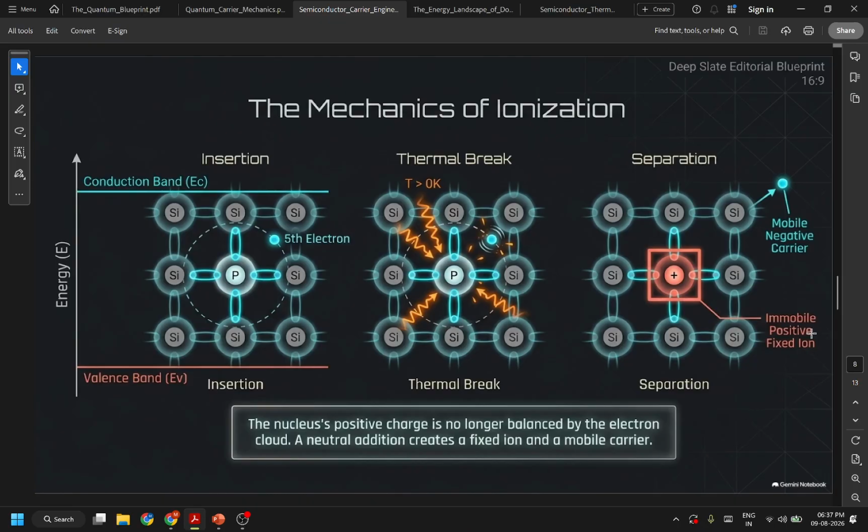So the mechanism of ionization. Ionization can happen when a fifth electron inserts.